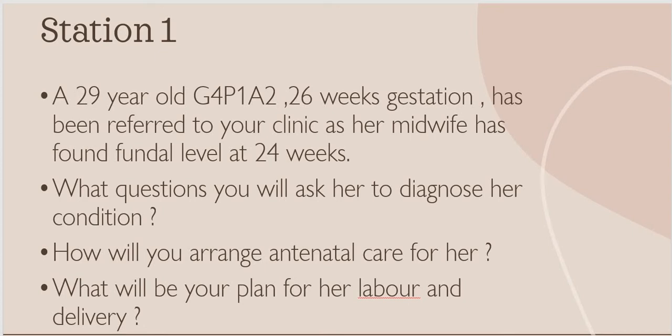And I will give her corticosteroid. I could give her corticosteroid now actually. I can give her either dexamethasone or betamethasone: betamethasone 12 mg for 2 doses, and dexamethasone 6 mg for 4 doses.